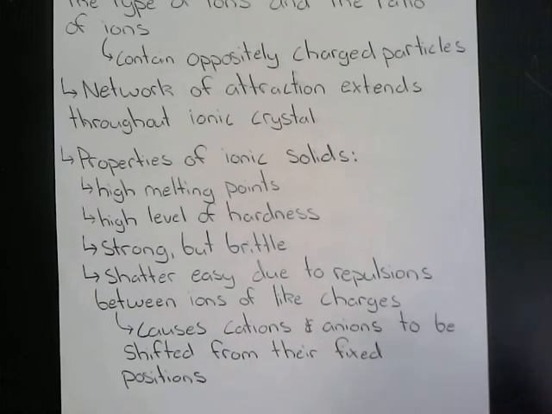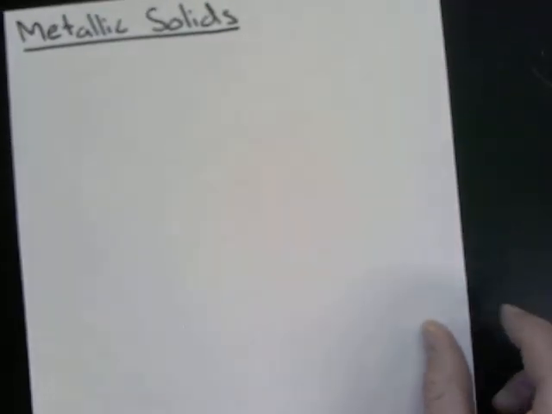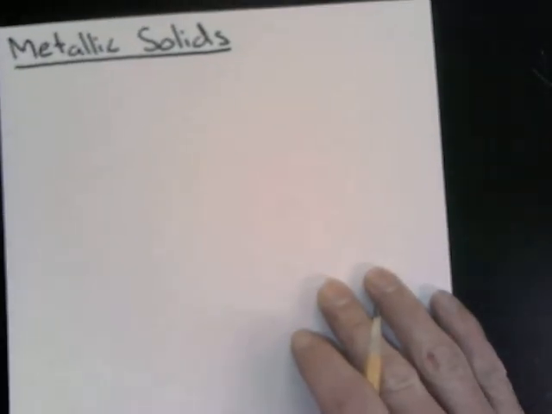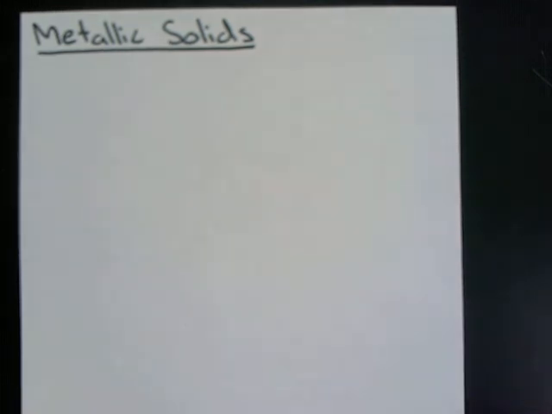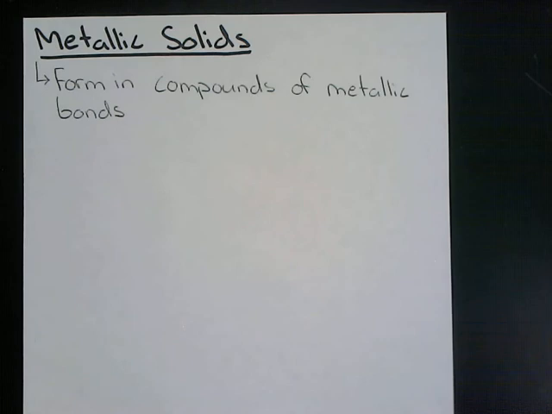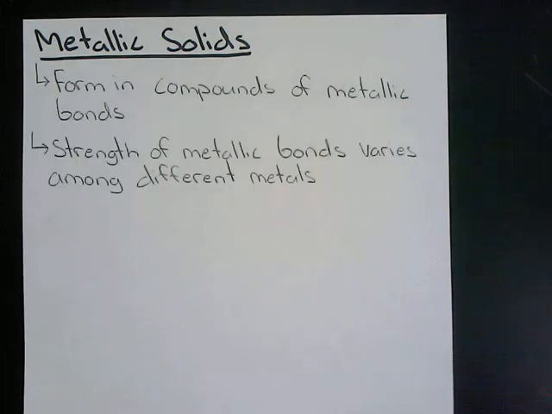Our fifth type of solid is a metallic solid. A metallic solid forms in compounds that have metallic bonds. Remember, the strength of the metallic bond varies among different metals, and because the strength varies, the properties of metallic solids vary.